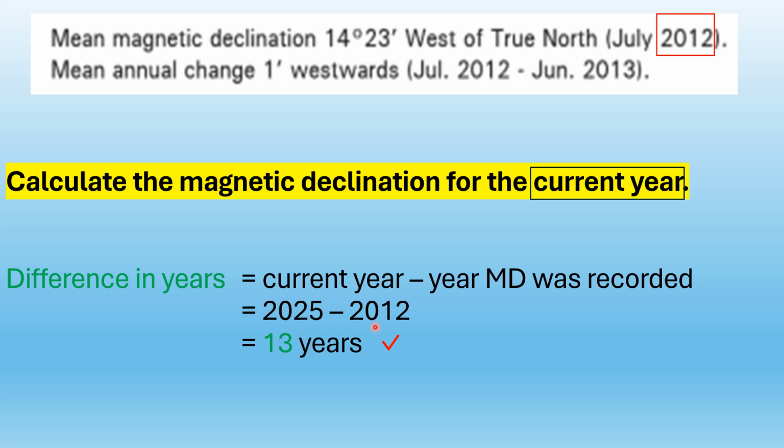In this example, it is 2012, and we end up with an answer of 13 years. In other words, 13 years have passed since the magnetic declination was recorded in 2012. In the exam, it is at this point where you will be awarded your first mark for calculating the difference in years.